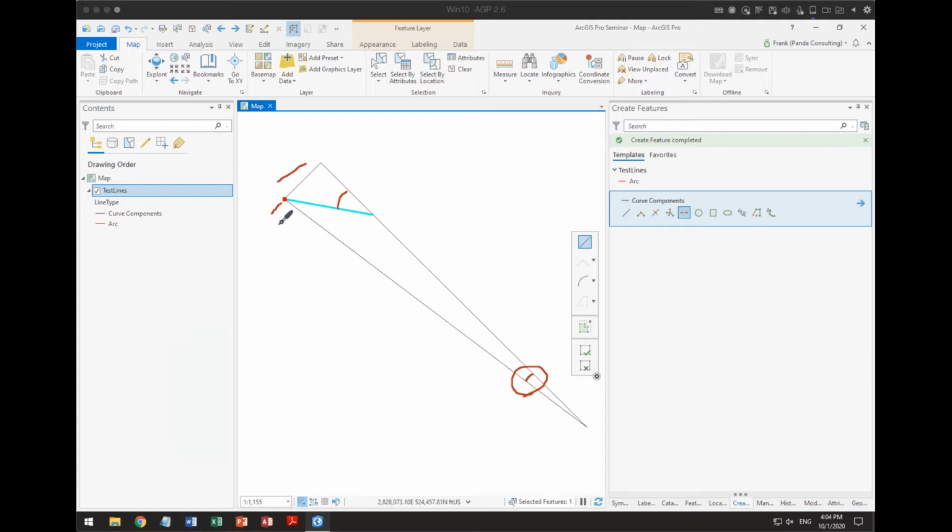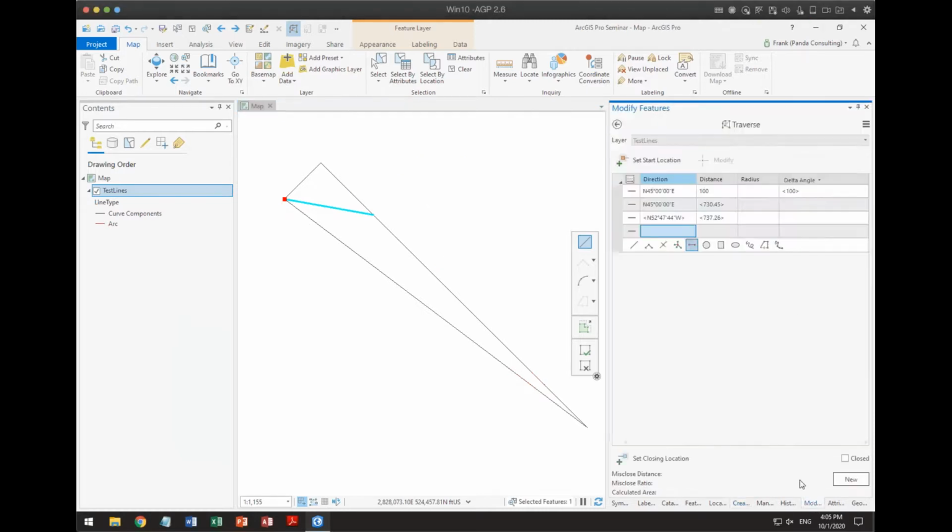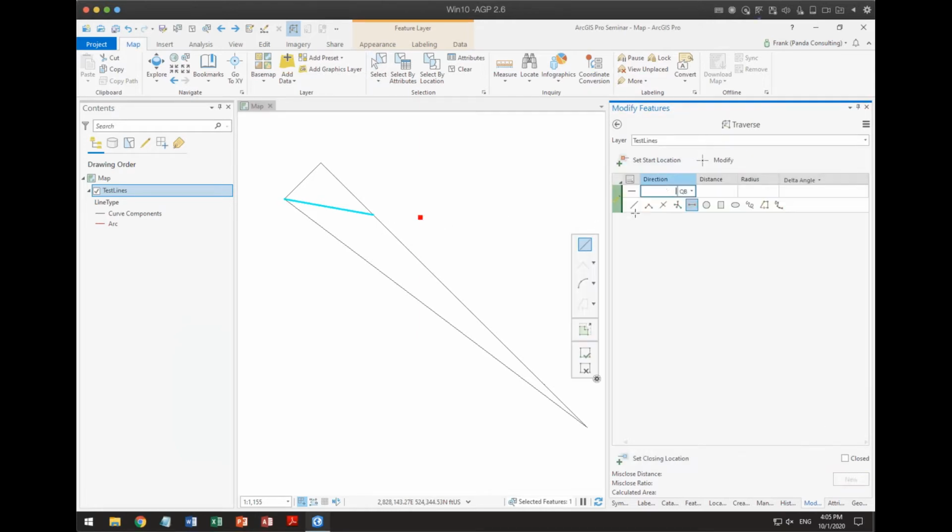in most instances, when you are inputting the traverse information, the curve information for a subdivision, you would use the radius distance and the delta angle or the central angle for creating your curves. When you're doing that, it's a really good test, because as you are inputting these, let's go and create a new one here.